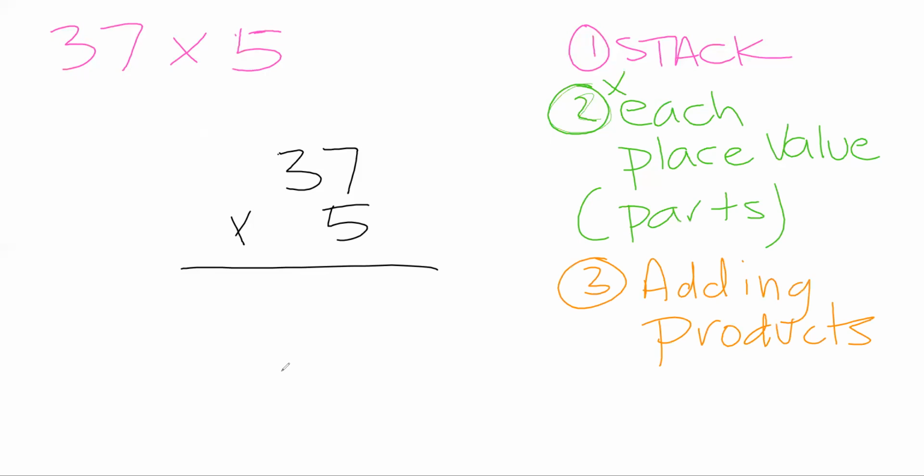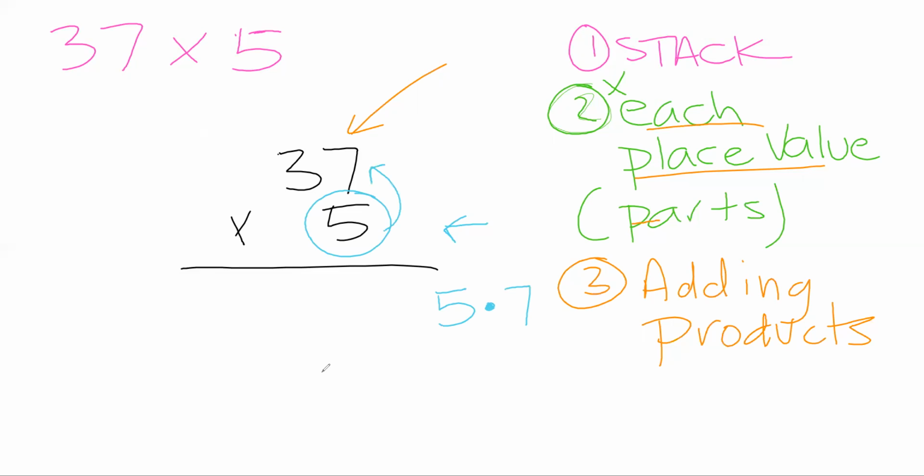So step 1, done. I'm stacked. Next, I'm going to multiply each place value. The reason we stack it is this can help us break apart where we start, because I'm going to start with my bottom number here, this number 5. I'm going to multiply my 5 in the ones place by the 7 in the ones place above it.